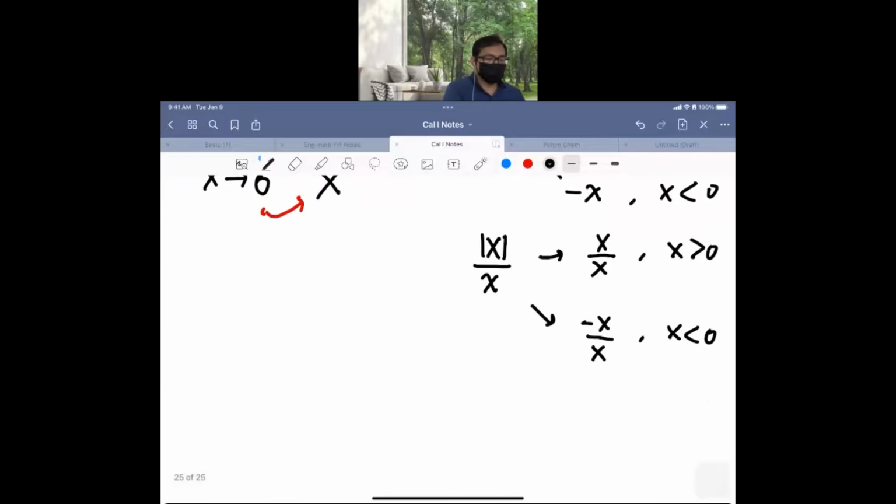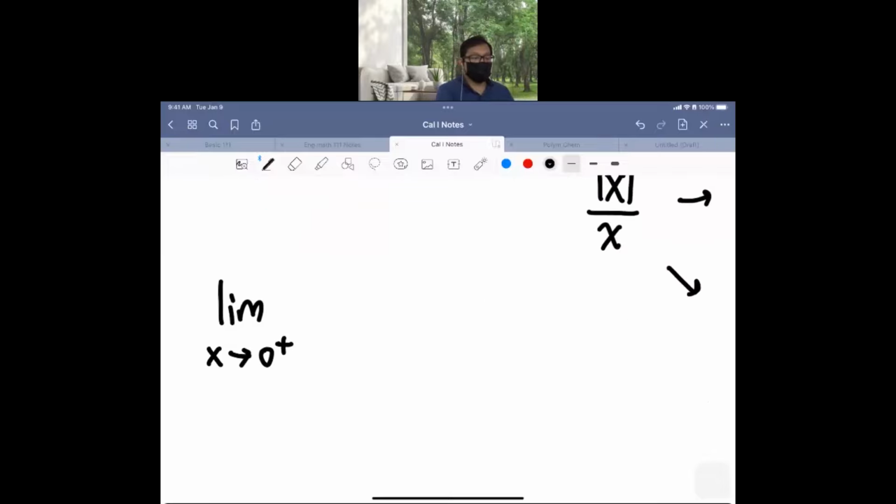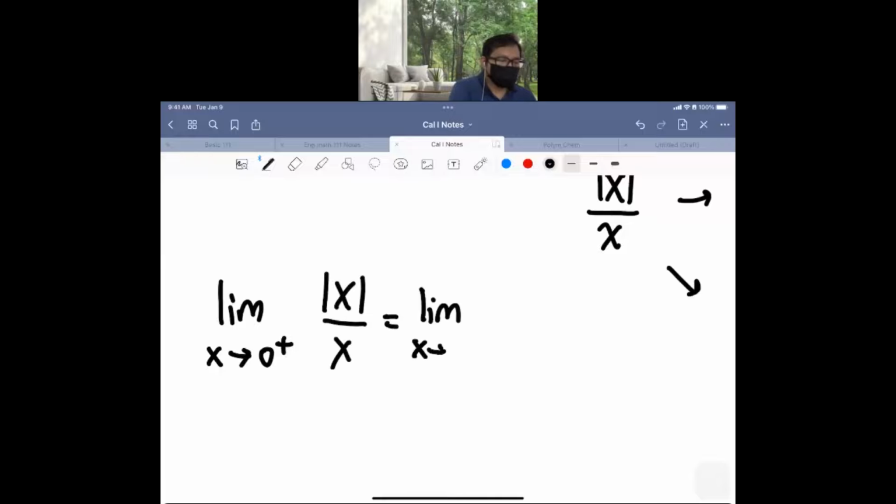Now if we deal with the limit, we could start with the limit approaching 0 from the right. Let me write the question completely, and this will be x over x, or we could simply say this is going to be 1.